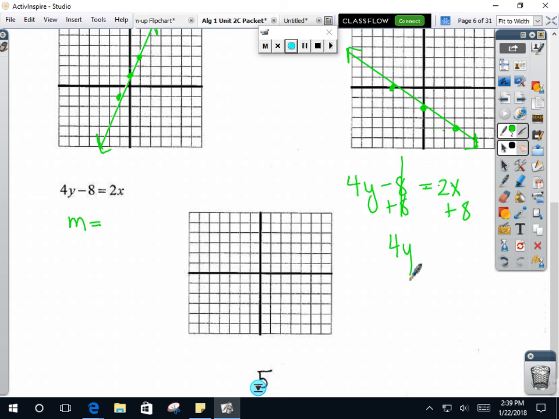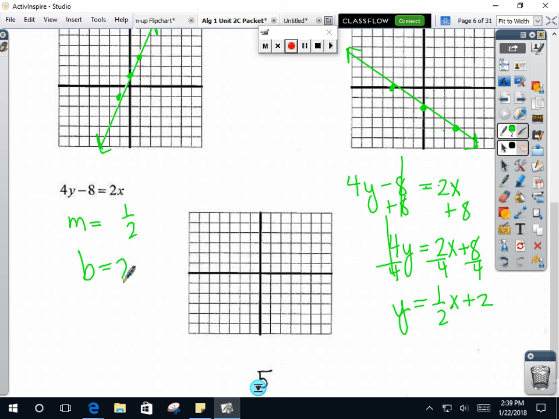So now we have 4y equals 2x plus 8. You can't combine those because 8 doesn't have an x on it. Now what do you do? Divide by 4. So y equals 1/2 x plus 2. So the m is 1/2, the b is 2. So you plot your y-intercept at 2, and then you just go up 1, right 2, or down 1, left 2. Then you connect your points with a line.